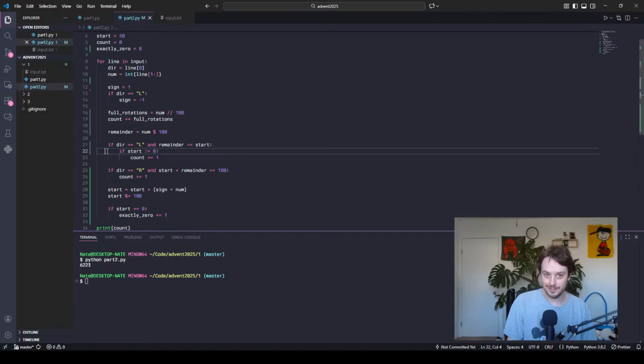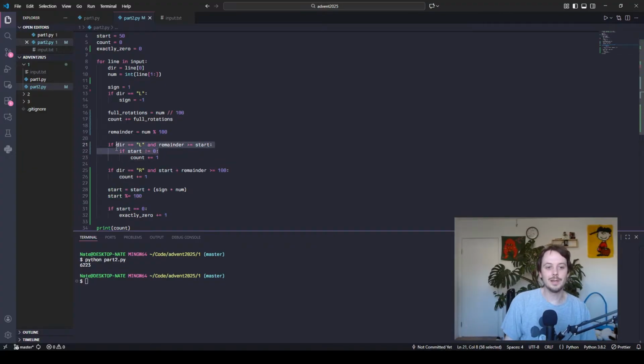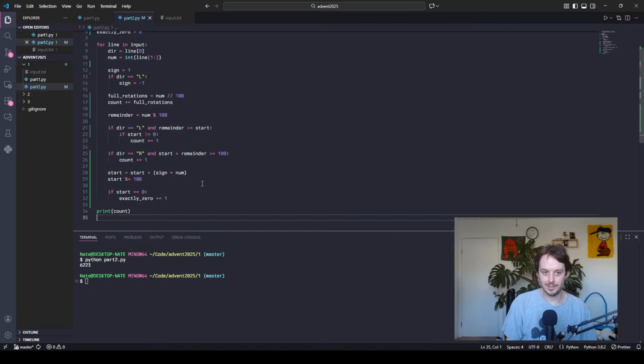Only for going left, because we're seeing if we've gone past 0. But if we start at 0, we've always gone past 0, because what we really should be thinking is we're starting at 100 in that case, but we'll never be able to go past 100 in our remainder because our remainder is percent 100. So I just threw in this little thing here.